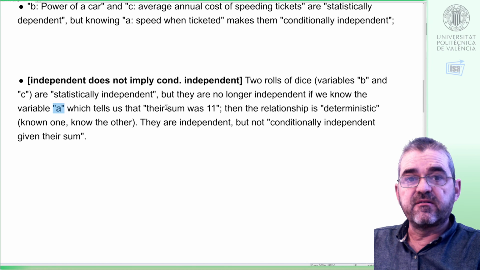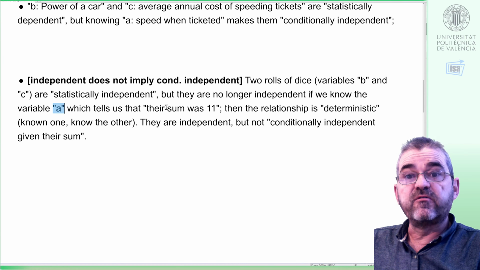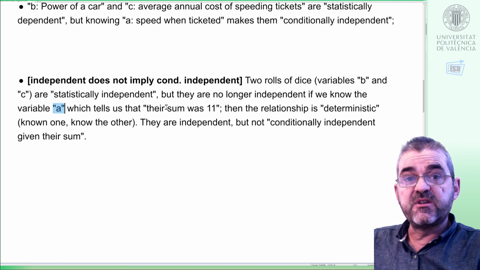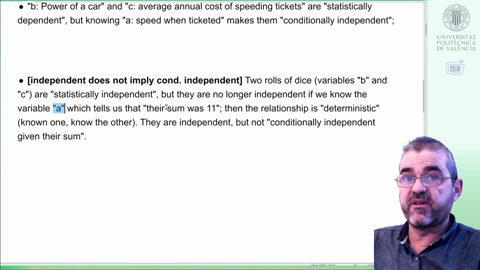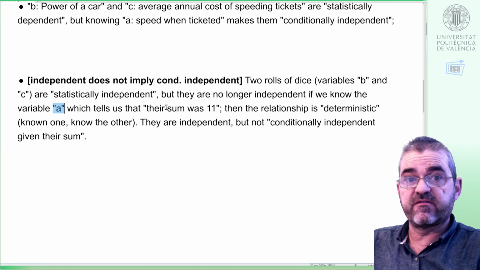I have either 6, 5 or 5, 6. I have only 2 possible values, and also the relationship between B and C becomes deterministic, which is exactly the opposite of independence. If I know that the first one was 5, then the second is 6. Or if the first one was 6, the second is 5, period.